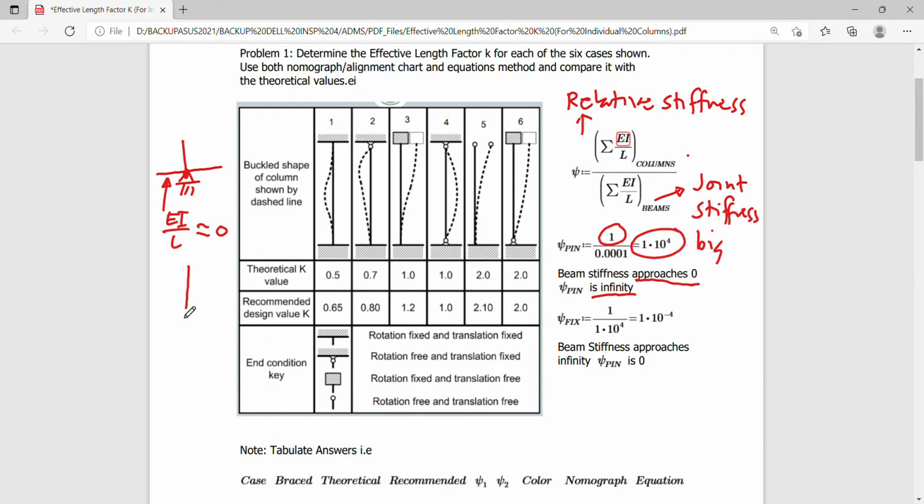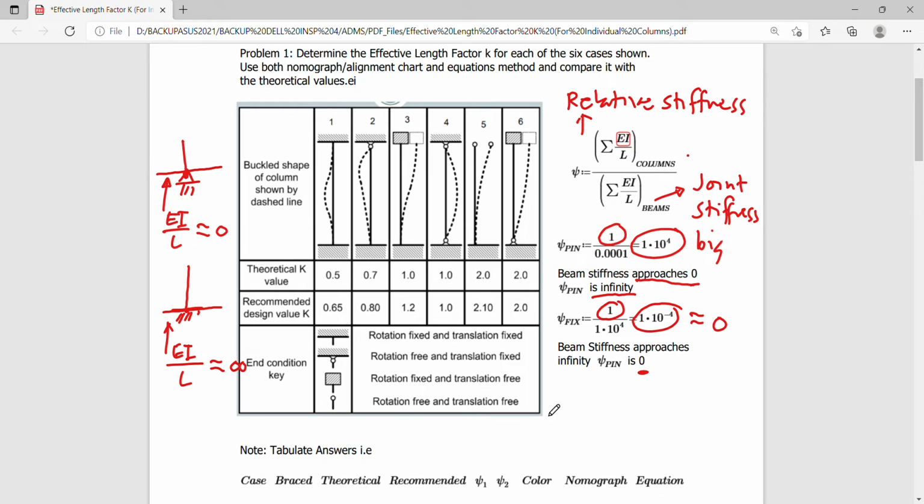So for your fixed joint, the relative stiffness may be represented by, again, a beam in which your EI over L is a very big number close to infinity, such that if I divide a value, say 1, which represents the stiffness of the column, by a very big number, say 10,000, the relative stiffness at the fixed joint will therefore be a very small value which can be approximated to 0.